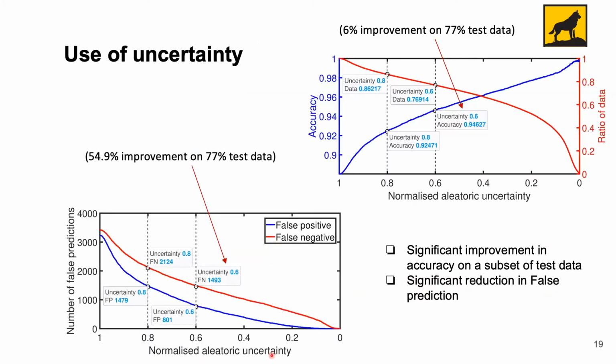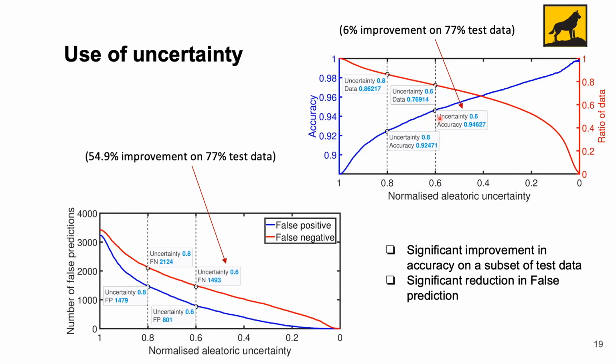And now we say that, okay, based on the uncertainty, on our confidence in the prediction, we divide the data into two parts. Suppose I say that when the normalized uncertainty is 0.6, aleatoric or epistemic, both perform the same way. I divide the data into a part in which the prediction confidence is very high, that means the uncertainty is less than 0.6, and a part where the uncertainty is greater than 0.6.